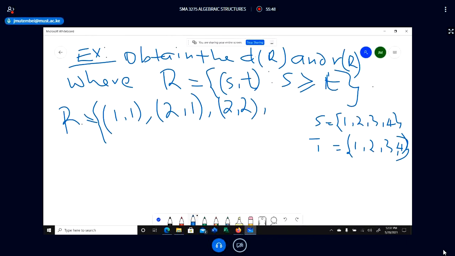Then 2, 3 will not belong here because 2 is less than 3. So I need where the first entry is greater than the second one. So 2, 3 will not work there. 2, 4 will not. 3, 1. 3 is greater than 1. So we have 3, 1. 3, 2 will also belong there, because 3 is greater than 2.